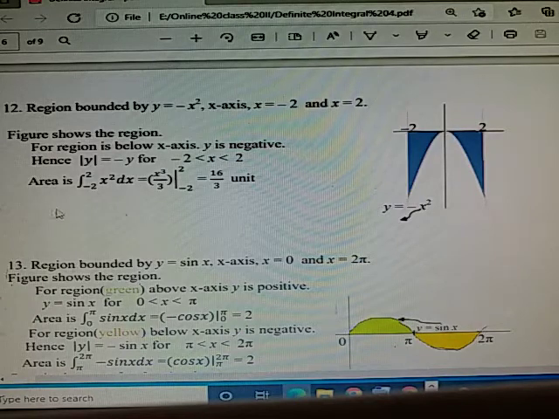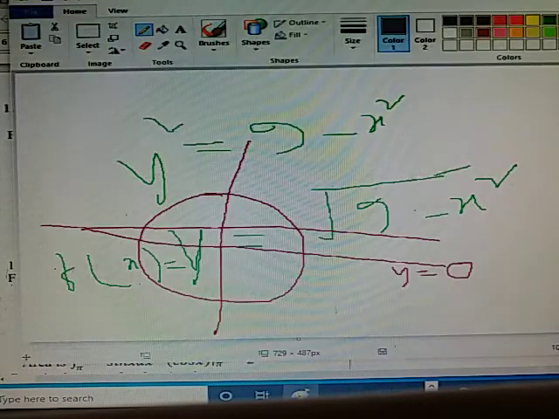So y is equal to minus y. So we will consider minus 2 to 2 x square dx. It is this one. Means what?